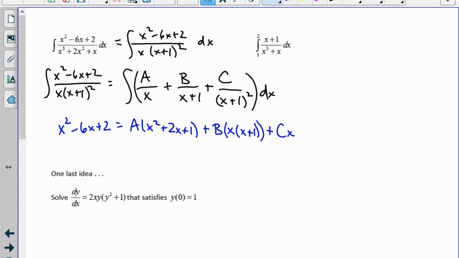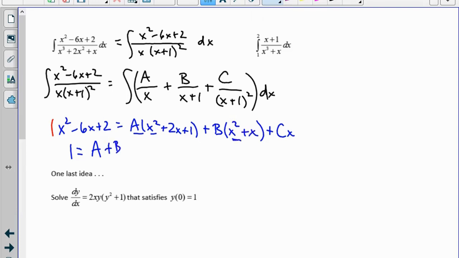So the x squared terms need to end up equaling 1. So 1 ends up equaling A, because there's an Ax squared, and there's also a Bx squared, because if I take x times (x + 1), that's the same thing as x squared plus x. So I have a Bx squared term.